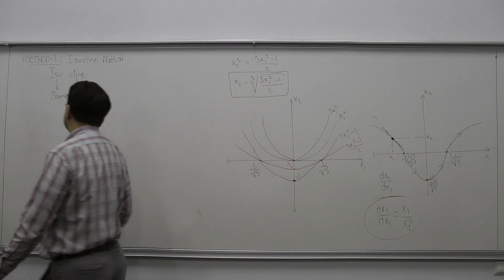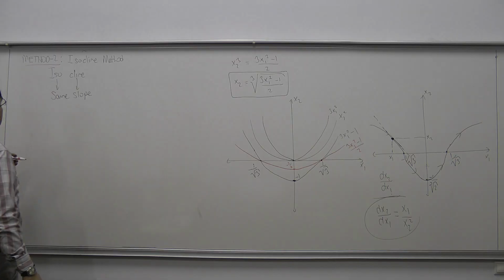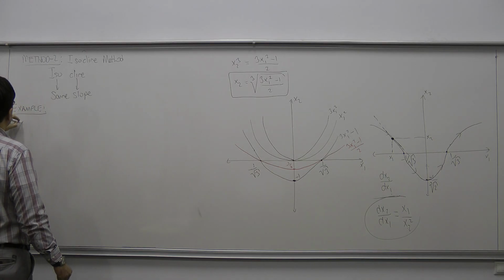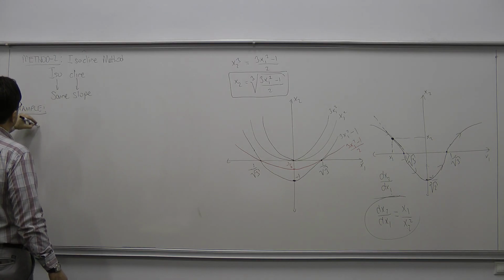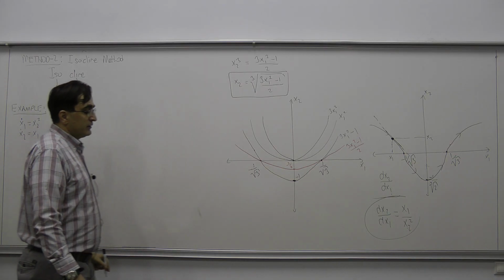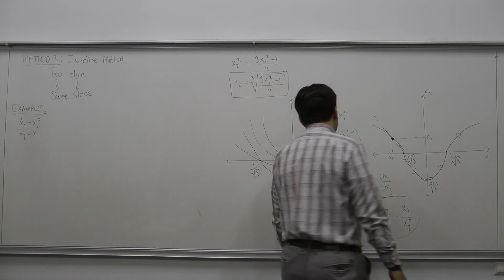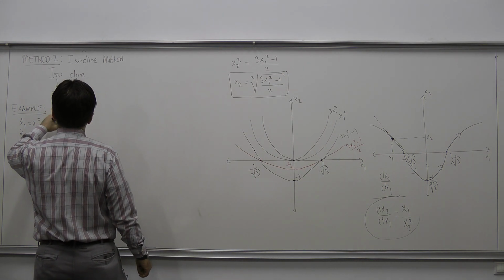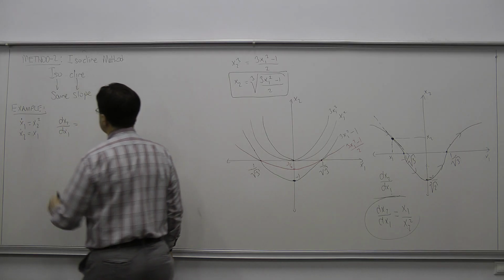So here let me try to apply the Isocline method to our example. Then you're going to understand it better. x1 dot is equal to x2 squared, and x2 dot is equal to x1. This is our example, and we know that the slope of the trajectories is given by dx2 over dx1.